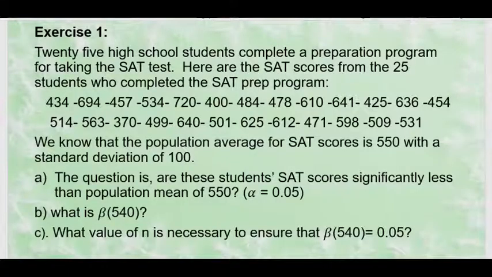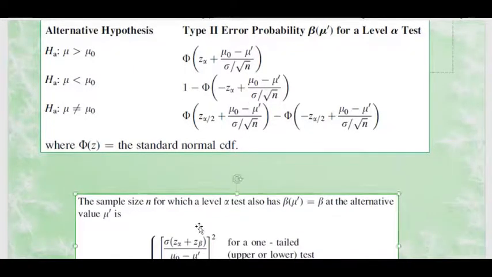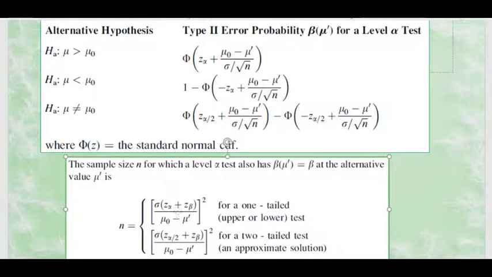In part C, what value of n is necessary to ensure that beta, the type 2 error for mu prime equal to 540, is equal to 0.05? So again, look at the formula. For a one tail test, we have a left tail test. This is the formula.